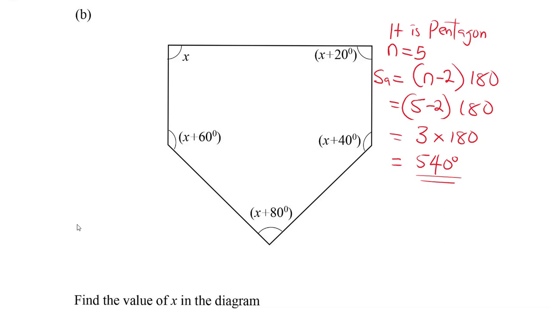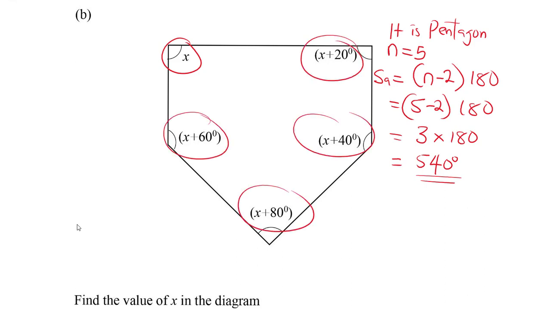Now we are asked to find x. How are we going to find x? Since we know that the sum of angles in this plane shape is 540, that is, if you add this angle plus this angle plus this angle plus this angle and plus this angle, you should be able to get this 540 degrees.